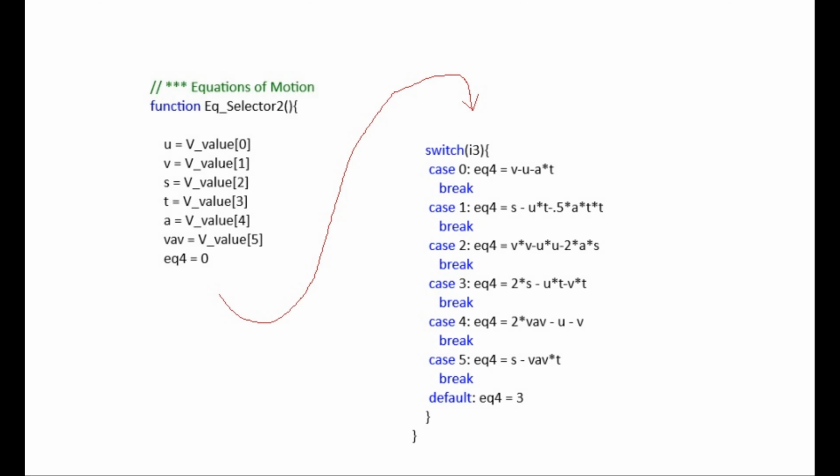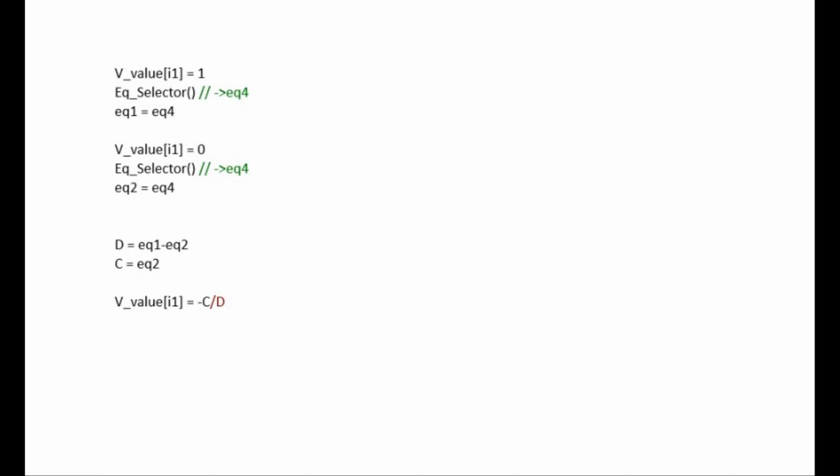VAV is equal to average velocity. I've also got all of the equations numbered, so I can more easily control access to them using loops and if statements. I can set I3 to loop from 0 to 5 until it finds an equation it can use to find an unknown variable, and then find it and tick it off as being found.